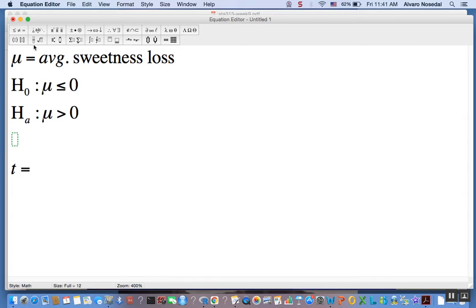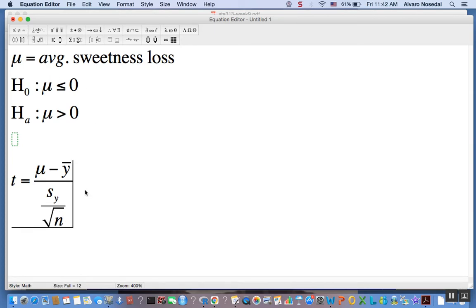That transformation helps you go from a non-standard t distribution to a standard t distribution. So what we have here is mu minus y bar, divided by the standard deviation of y bar divided by the square root of n.